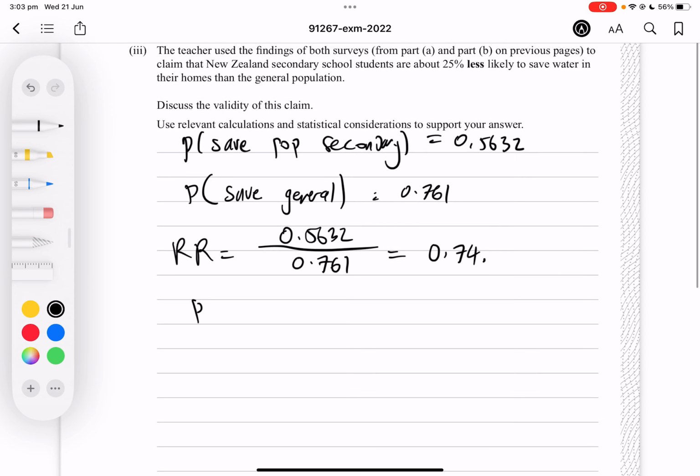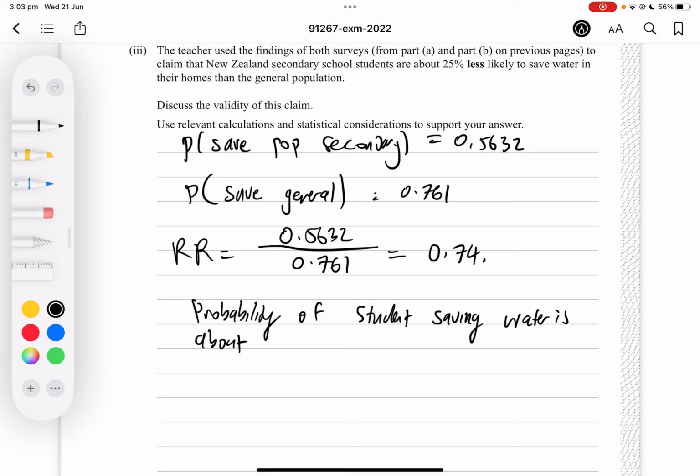So the probability of students saving water is about 0.74, or 26% less as likely as someone saving water in the general population.